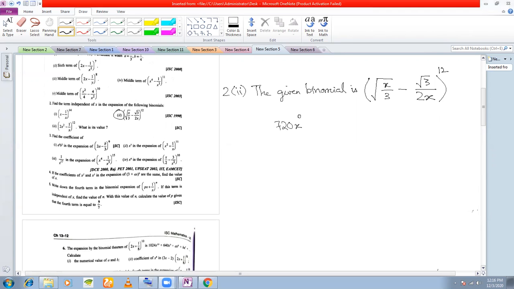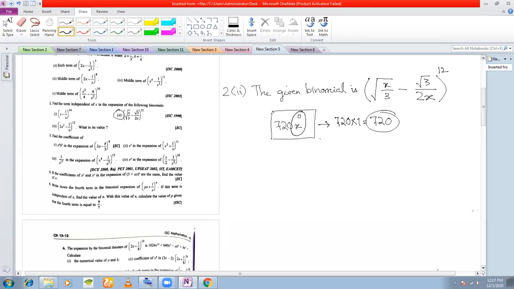Then is this term independent of x? Yes, it is independent of x because you have x to the power of 0. 720 x to the power of 0 is 1. So 720 into 1, which is 720 only.